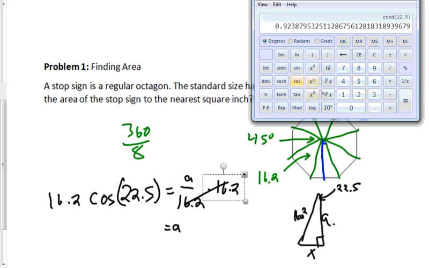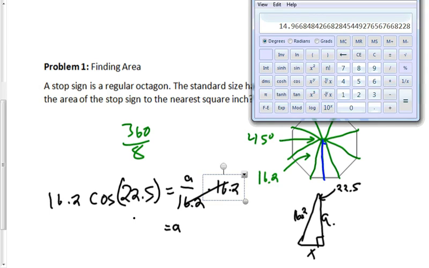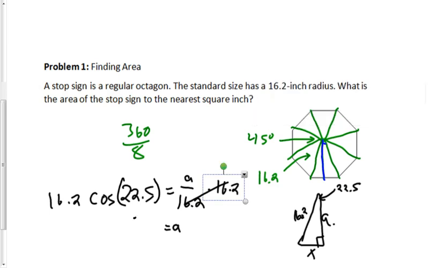It works a little bit different on this calculator. It's equal to that times 16.2. And the apothem is 14 point, well, we'll round it to 15. Alright, that's one part we needed.